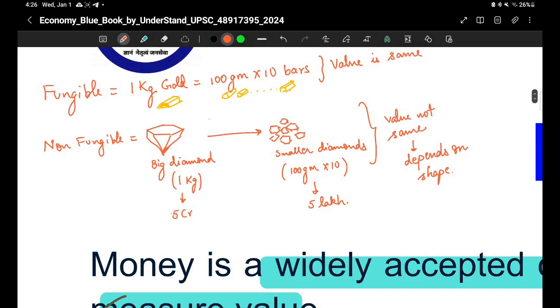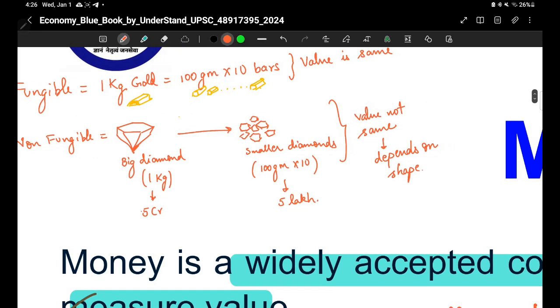Non-fungible means that if it is divided, the value will not remain the same. For example, there's a very big diamond, 1 kg, let's say. Its valuation is 5 crore. But if you cut this diamond into small diamonds, let's say 10 diamonds of 100 grams, it will be worth just 5 lakh. So this is an example of non-fungibility. Value is not the same. It depends on the shape, size, weight and all that.